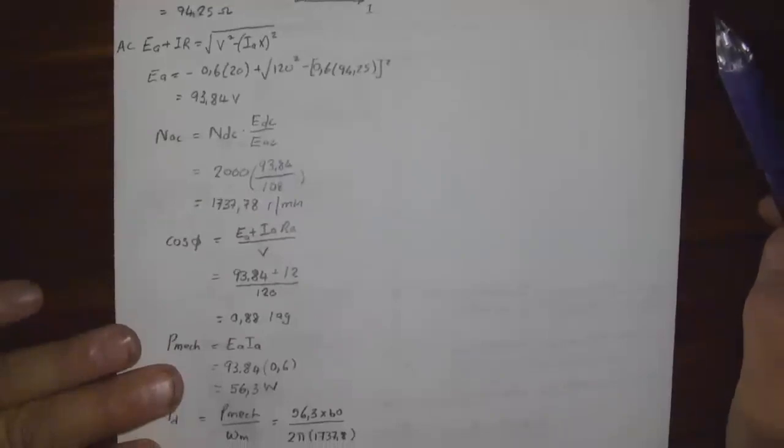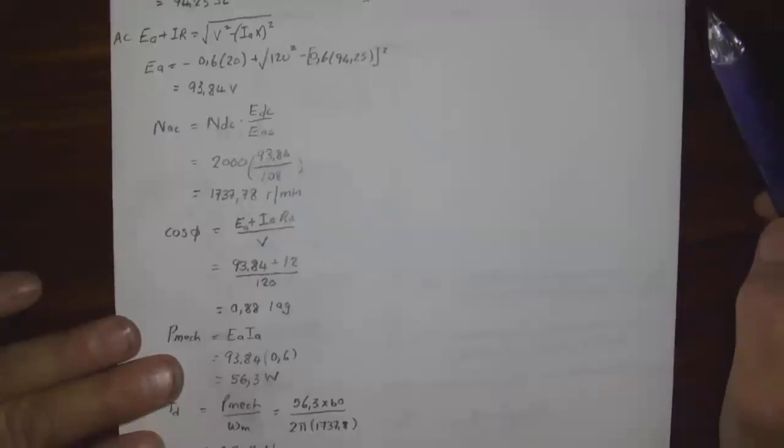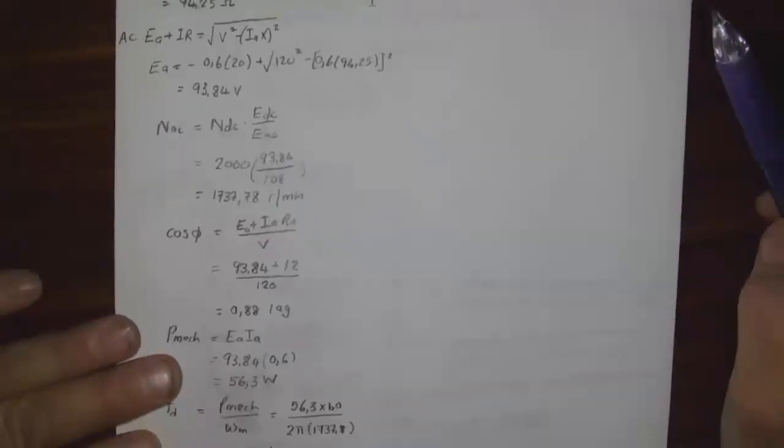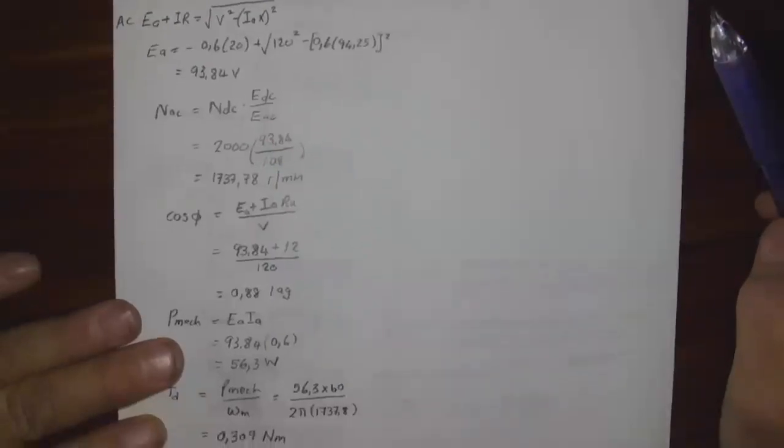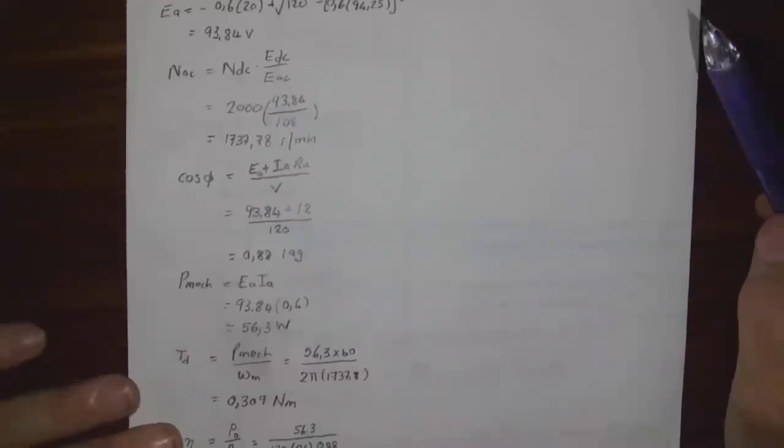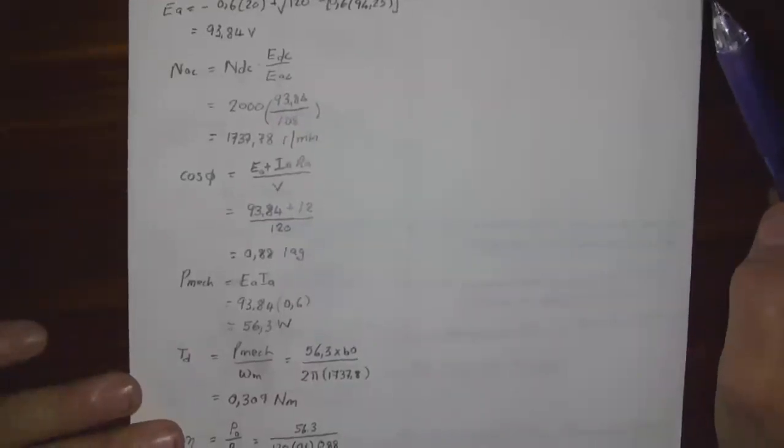N AC is N DC times E DC over E AC. So there the speed was 2000, and we calculated the DC voltage is 108 and the AC voltage is 93.84. That gives us a speed of 1737.78 revs per minute.